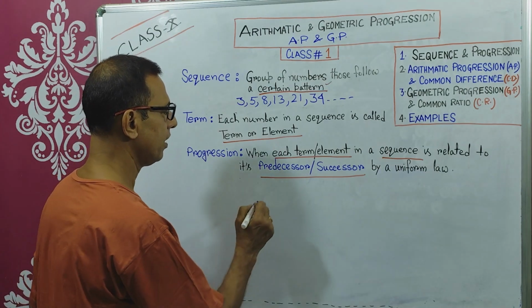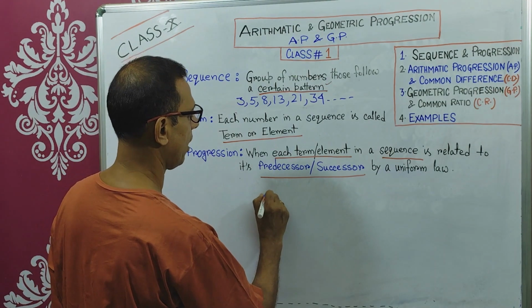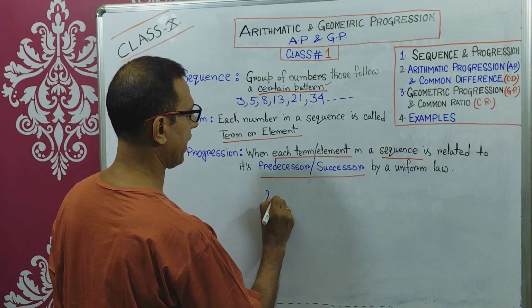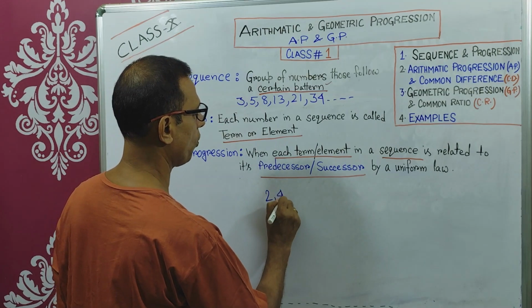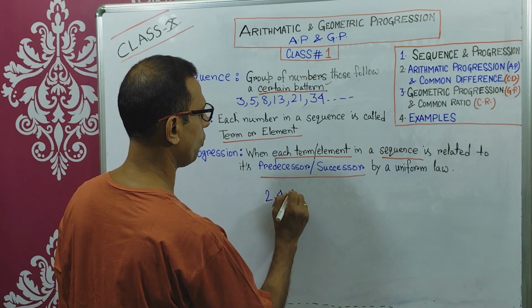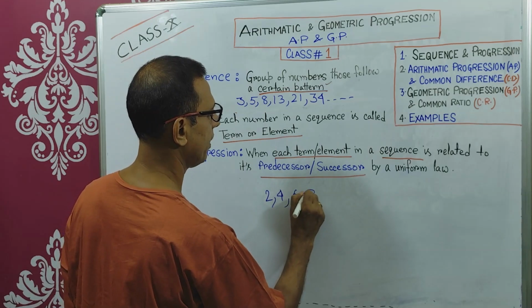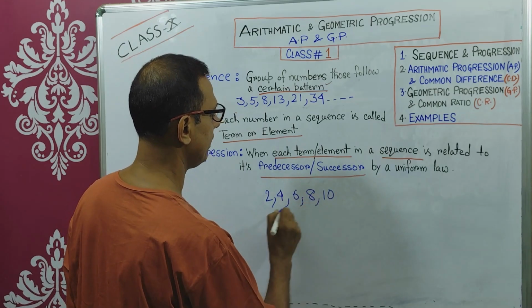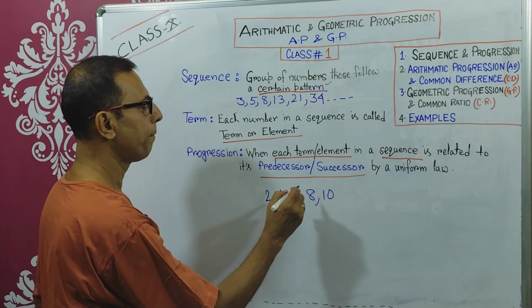That means if you have a sequence like 2, 4, 6, 8, 10, this is a progression.